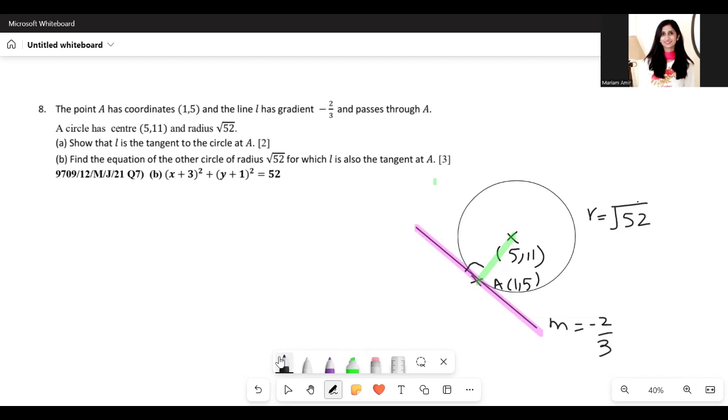And we know that radius and tangent have a right angle. So that's how you show that this line is tangent to the green line.